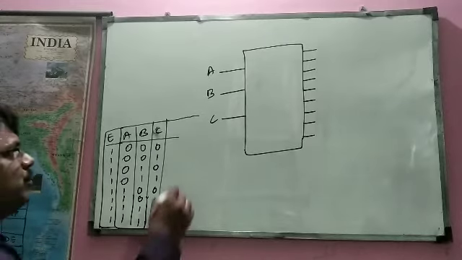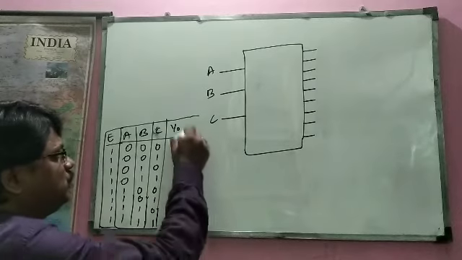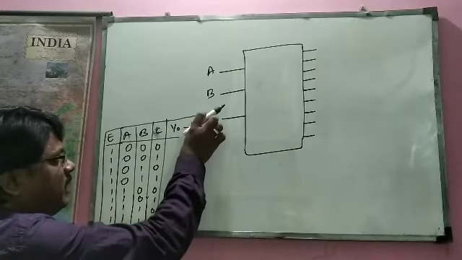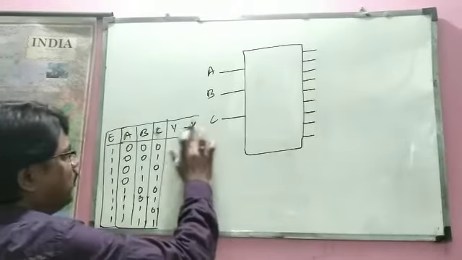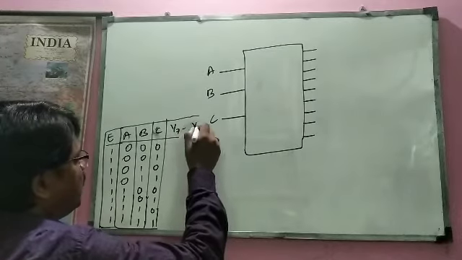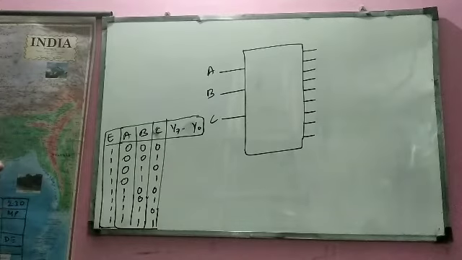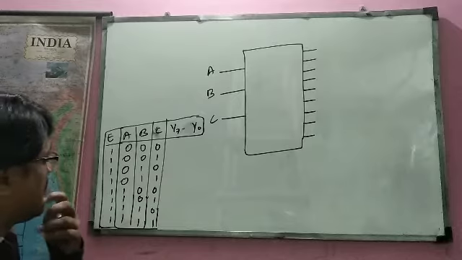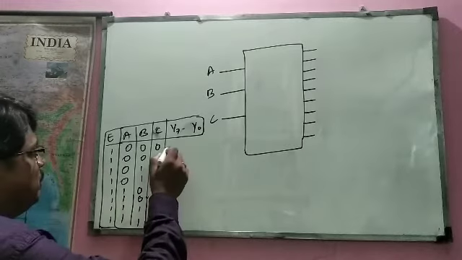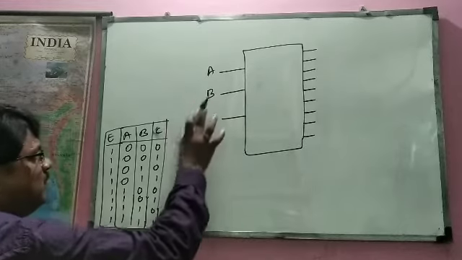Here it is Y7 to Y0. No problem, we'll see. What will Y0 correspond to? From here we can write the output.